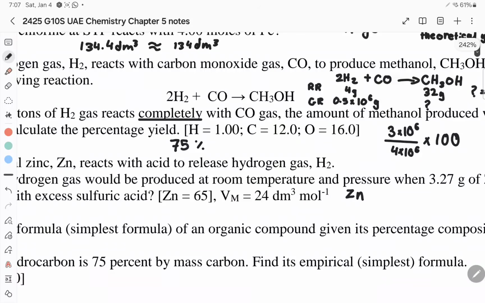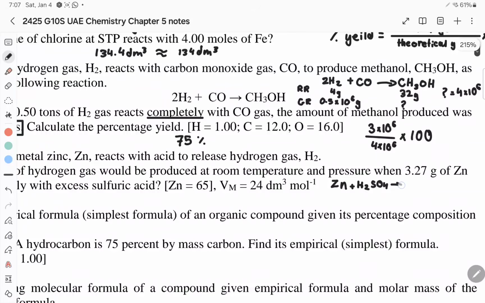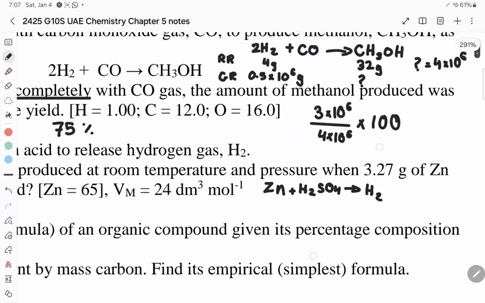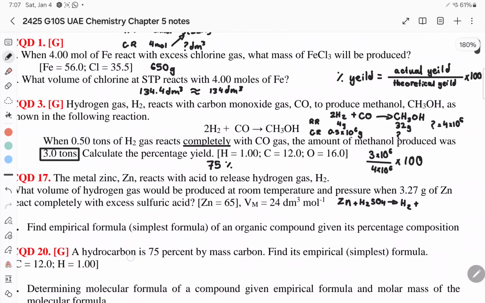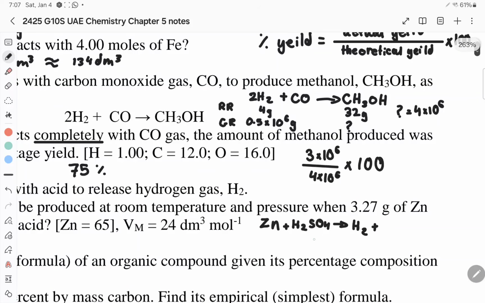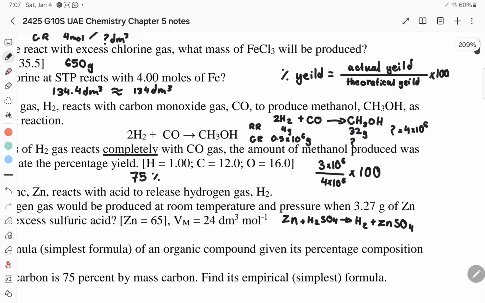So they told us that our acid used was sulfuric acid, so H2SO4, to produce hydrogen gas, so to produce H2, and of course ZnSO4, because when you do the reaction, a metal with an acid forms hydrogen gas and a salt, so the salt will be ZnSO4. It's already balanced, so we don't need to balance.